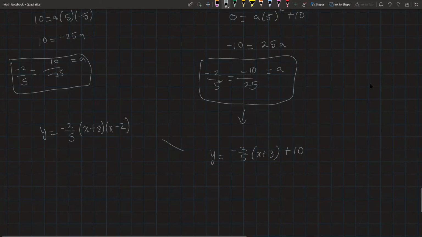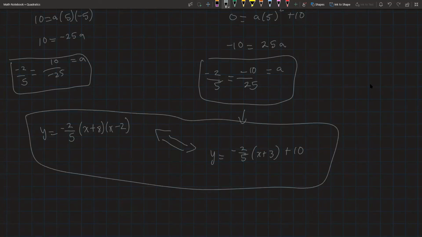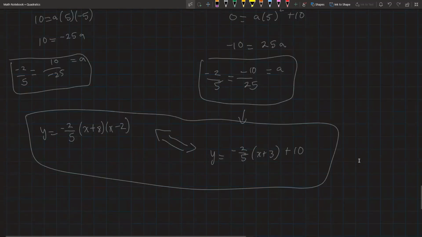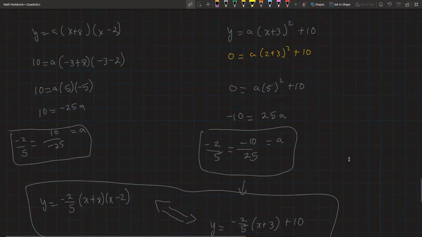That's really cool to see. These two are identical even though they don't look like it. That's how beautiful math is sometimes. Look at that. I don't want to see that they're the same, but they are. You can go on Desmos or a graphing calculator to verify if you don't believe. But you better believe that.